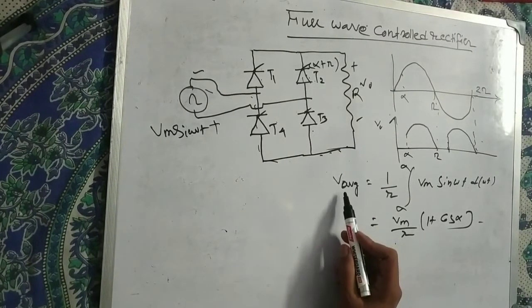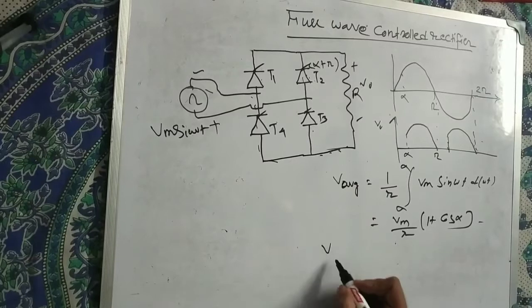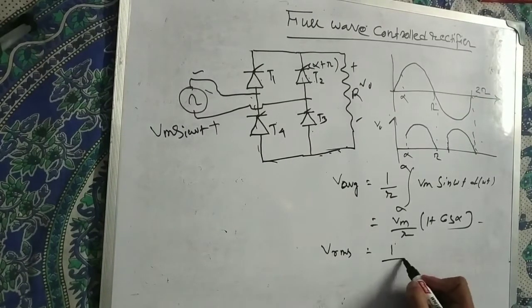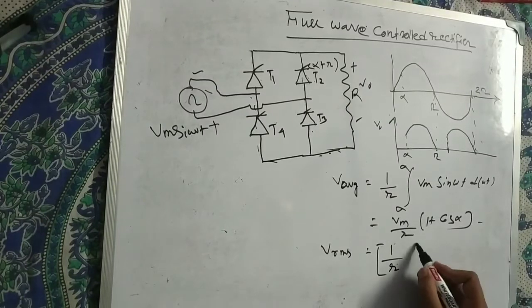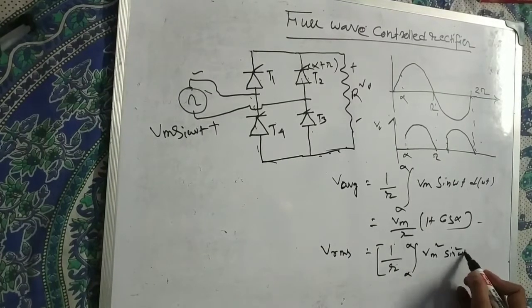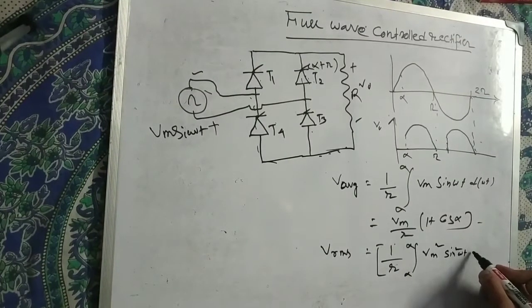Then we have to find the RMS voltage. Vrms equals the root of 1 by pi times the integral from alpha to pi of Vm square sin square omega t d omega t.